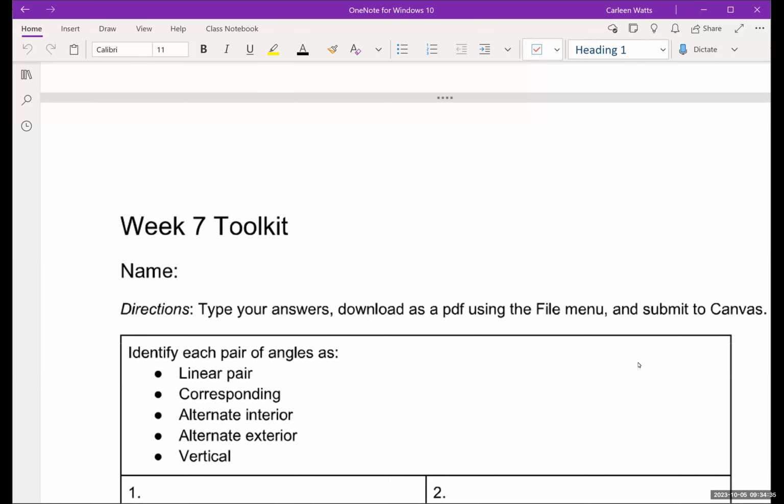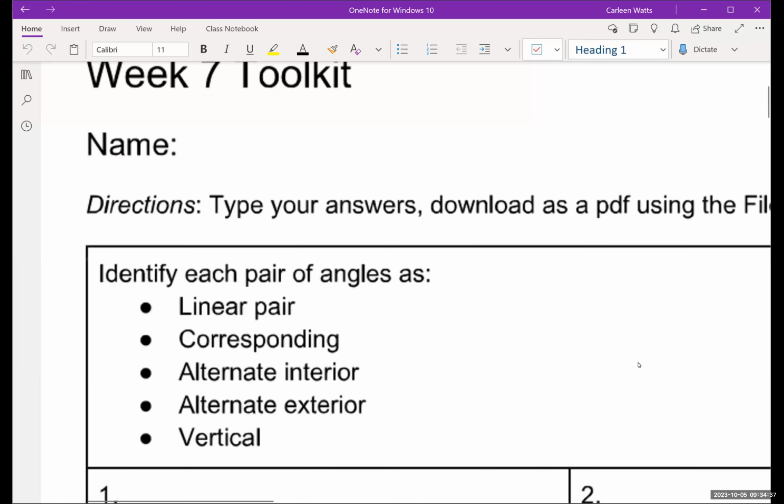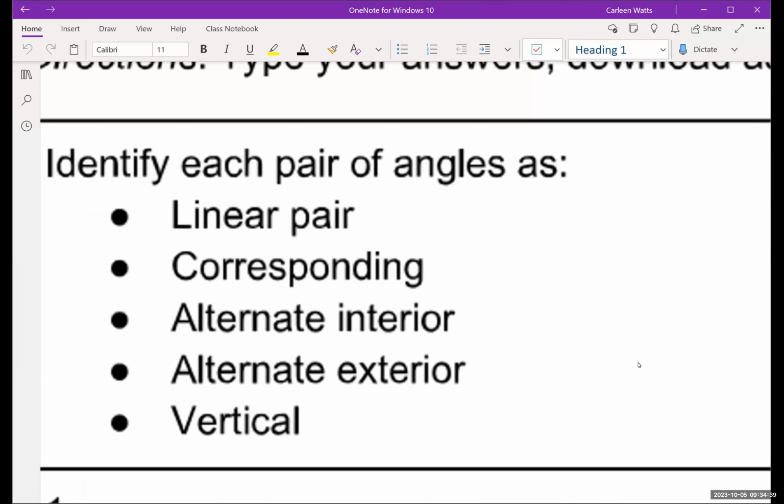Okay. Let's get started. Now, these are the vocabulary words that you absolutely need to know. It would be good to make flashcards with these so that you really, really know them. A linear pair forms a line.